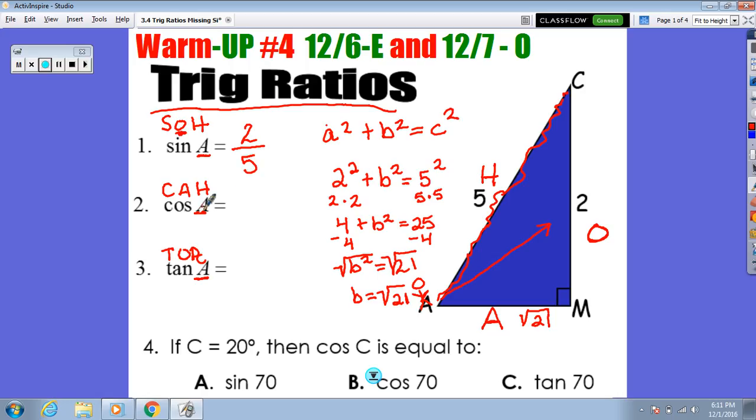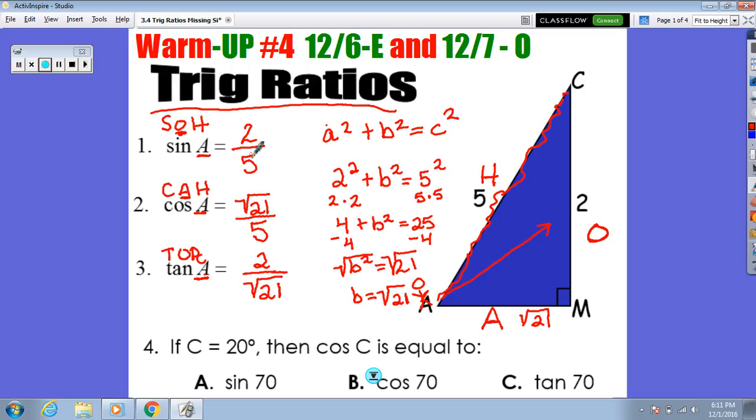The cosine of A is going to equal the adjacent side, which is the square root of 21, divided by the hypotenuse, which is 5. The tangent of A is going to equal opposite, which is 2, divided by the adjacent, which is the square root of 21.